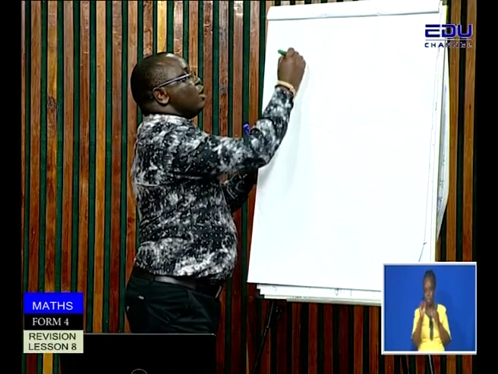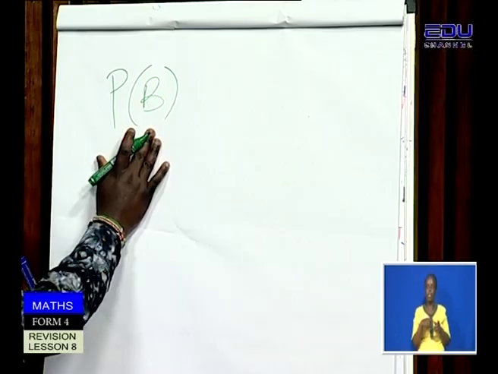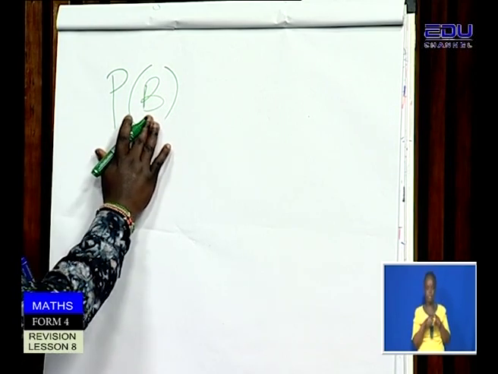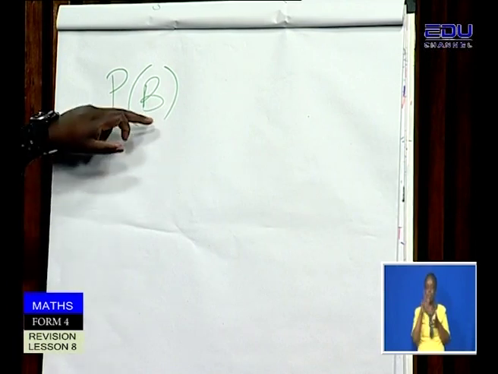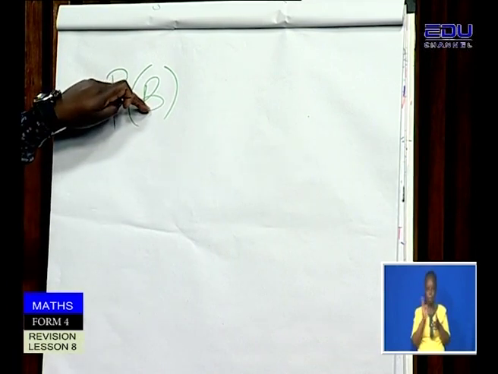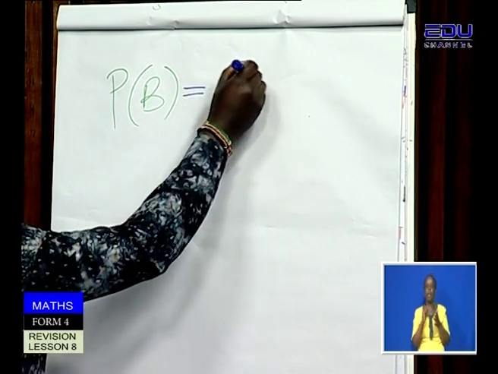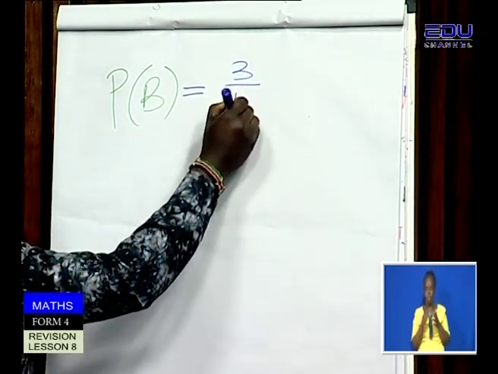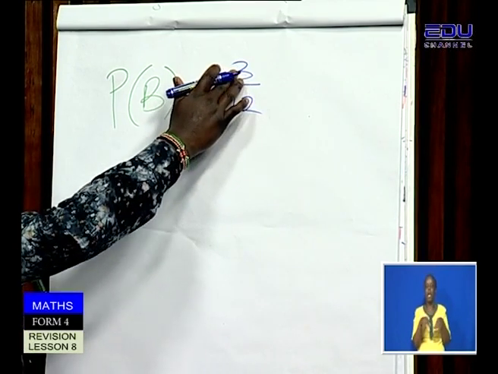So we denote that by P and then a B in brackets, probability of picking a blue. So the probability of the event of picking blue will be given by there are 3 blue out of the total 12. So you say, how many beads are color blue?